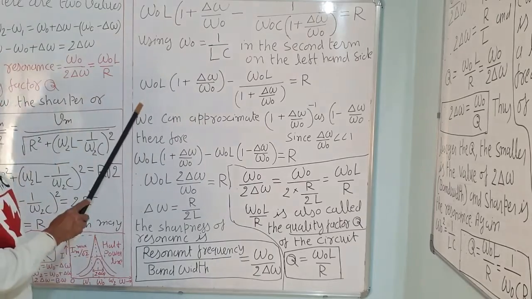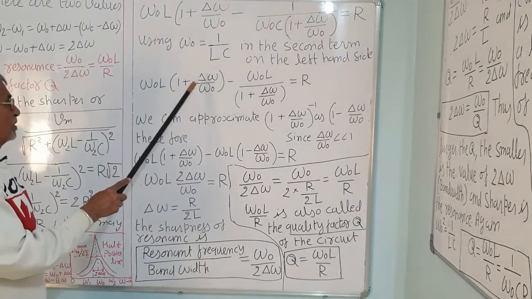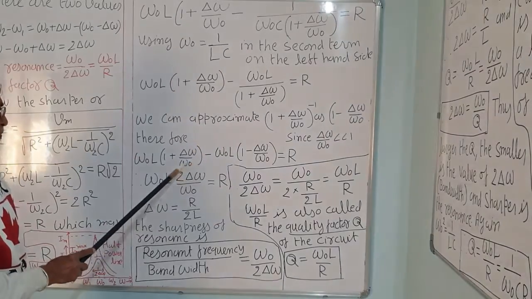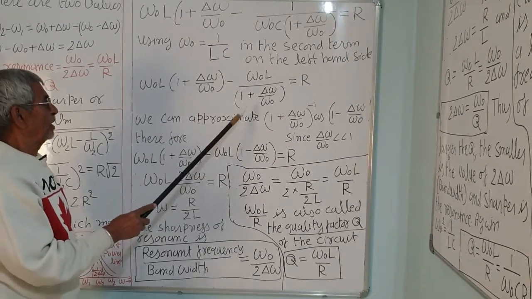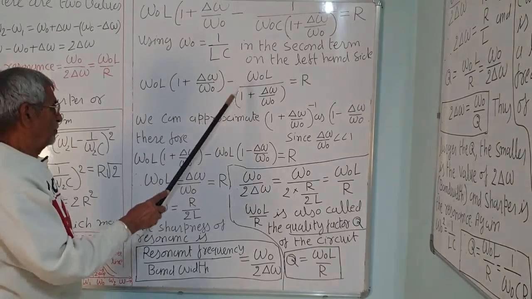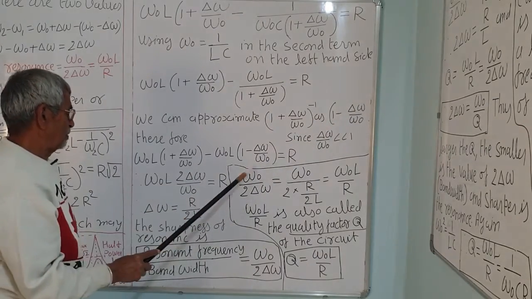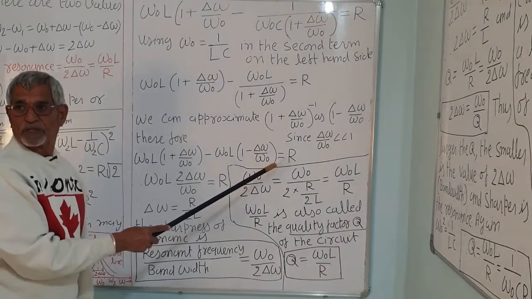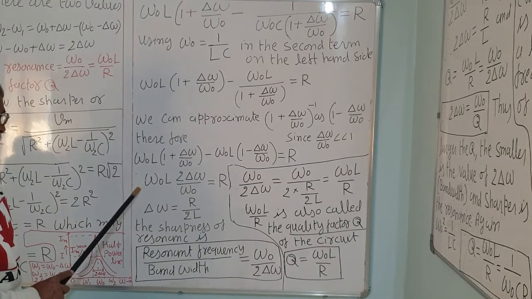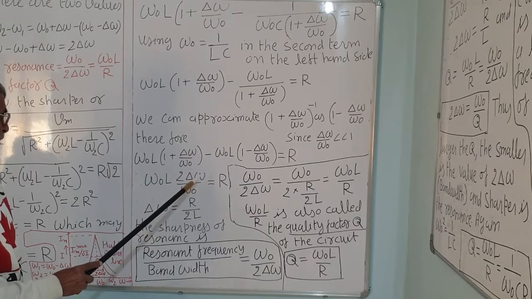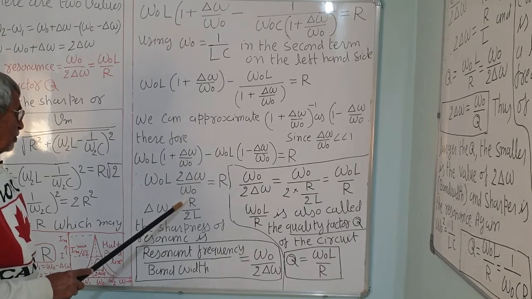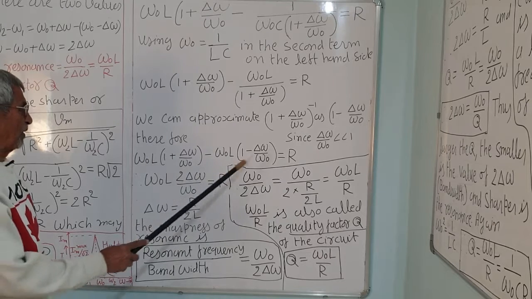Therefore, omega 0 L into bracket 1 plus delta omega upon omega 0, minus omega 0 L into 1 minus delta omega upon omega 0, is equal to R. Therefore, omega 0 L into bracket 2 delta omega upon omega 0, you simplify this.